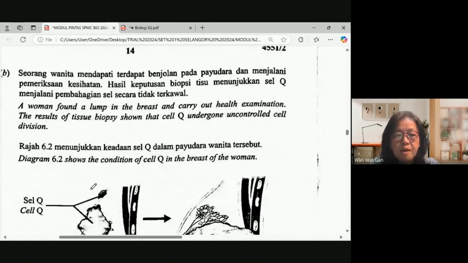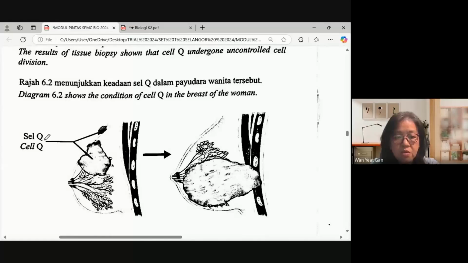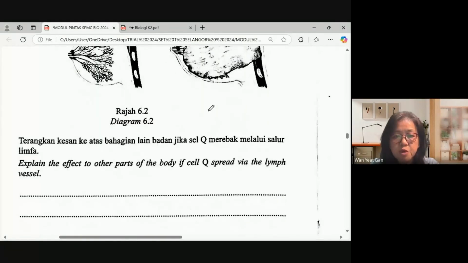Okay. A woman found a lump in the breast and carried out a health examination. The result of the tissue biopsy showed that cell Q has undergone uncontrolled cell division. So cell Q has undergone uncontrolled cell division, which results in the formation of a lump here, a big tumor.